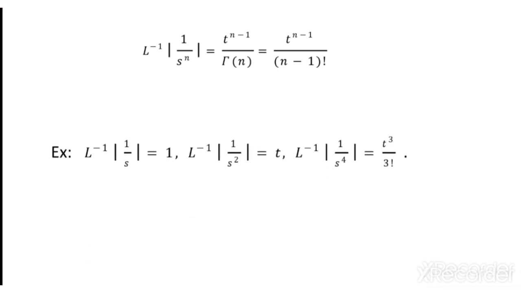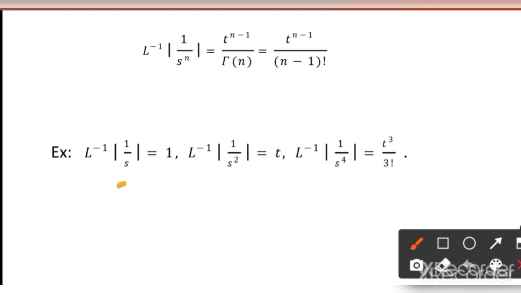Some examples: L inverse of 1 over s, identify n, here n is 1, so the result is t power 1 minus 1, t power 0 by 0 factorial, obviously 1.